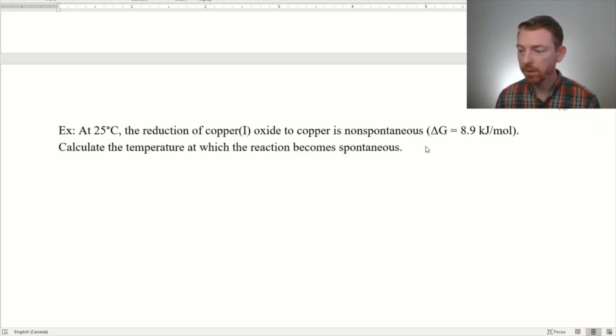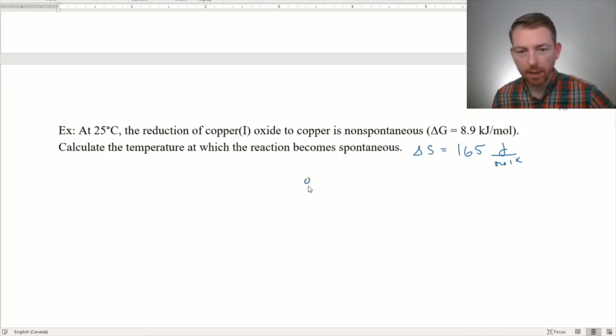So what else do we need to know here? Yes, we probably do. That the delta S of the reaction is 165 joules per mole Kelvin.